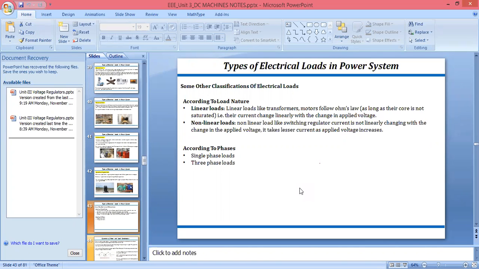It will sometimes decrease, sometimes increase. The current value will be non-linear with the value of applied voltage. An example of a non-linear load is a switching regulator, in which current does not change linearly with the given applied voltage. It takes lesser current as applied voltage increases. It means what? It will be opposite.